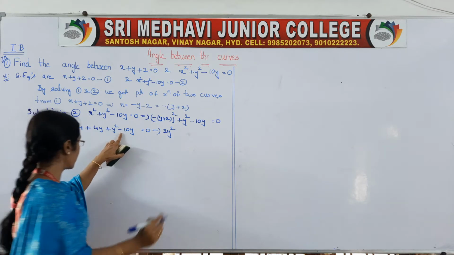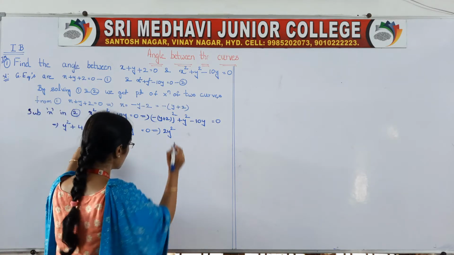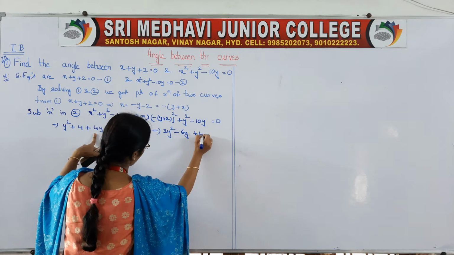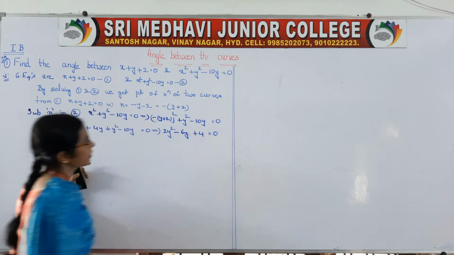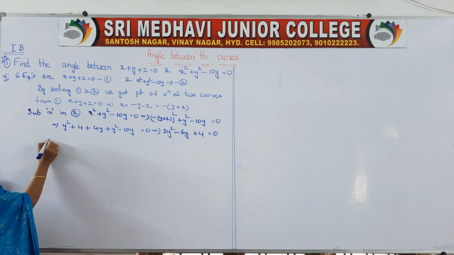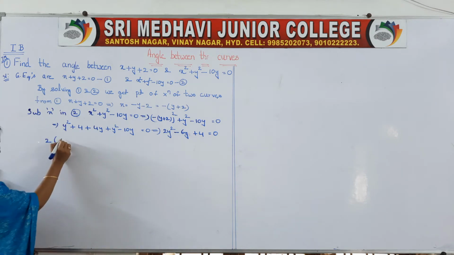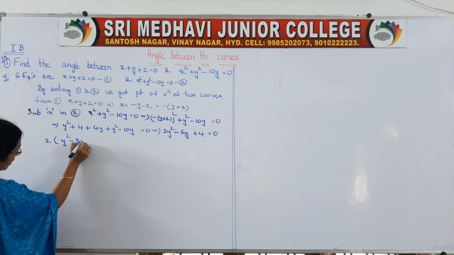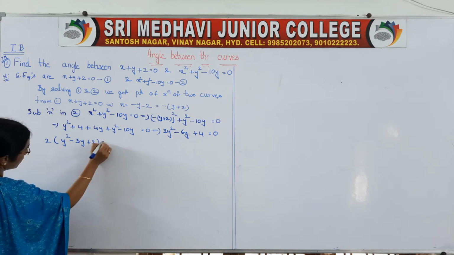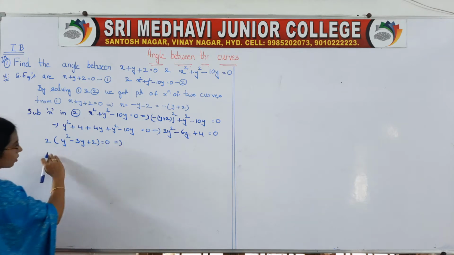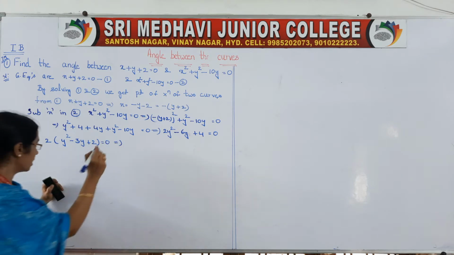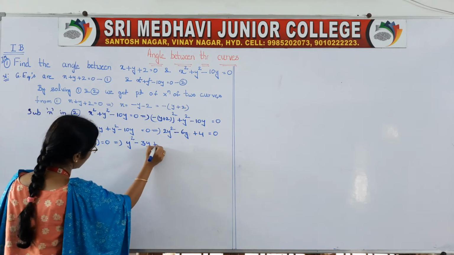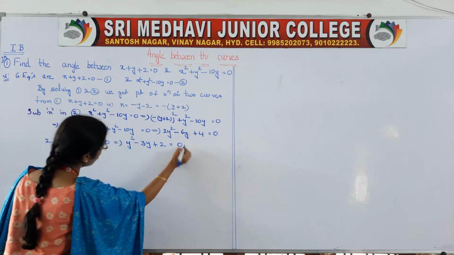Next, minus 10y plus 4y is minus 6y, plus 4 is equal to 0. 2 can be taken common. If we take 2 outside, we get y square minus 3y plus 2 is equal to 0, and sending 2 to that side, 0 by anything is 0. So it is y square minus 3y plus 2 is equal to 0.